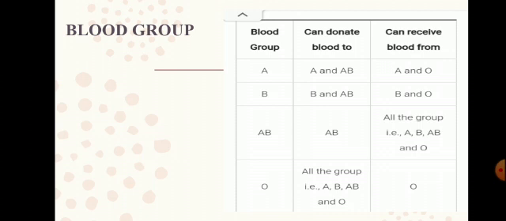But AB can receive blood from all the groups: A, B, AB and O. Then the O group can donate blood to all the groups, for example, group A, group B, AB and O. But it can receive blood from O only.